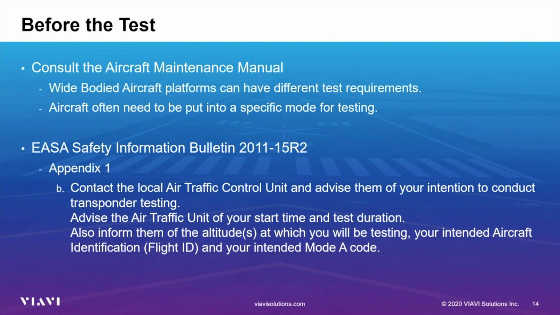So with particular identification of the Appendix 1 in Safety Information Bulletin 2011-15R2, you can see that that recommends that you contact a local air traffic control unit and advise them of your intention to conduct transponder testing. So when you're doing that, you'll need to tell them the start time and the test duration, and you'll also need to inform them of the altitudes which you'll be testing, your intended aircraft identification, and what your intended Mode A code is. So all of this needs to be done before the test.